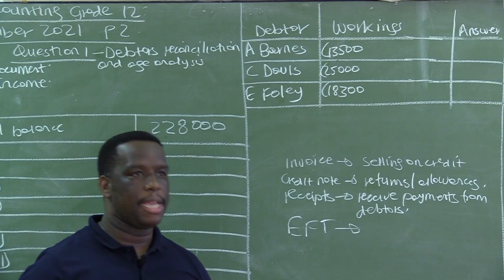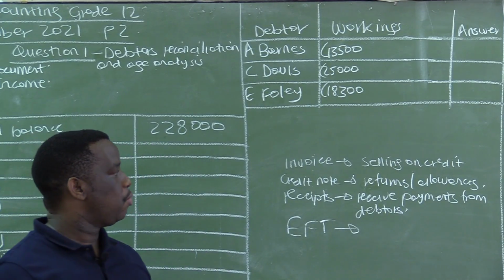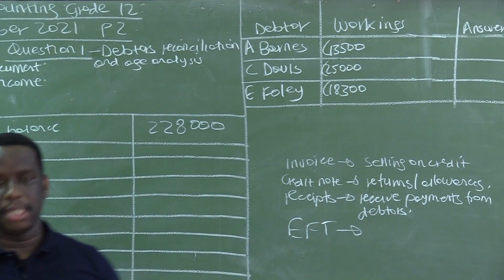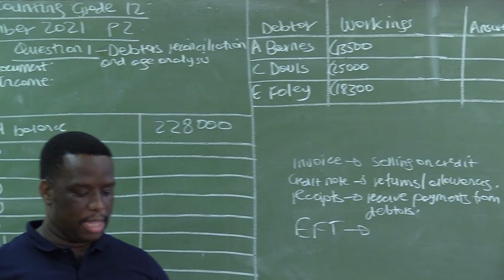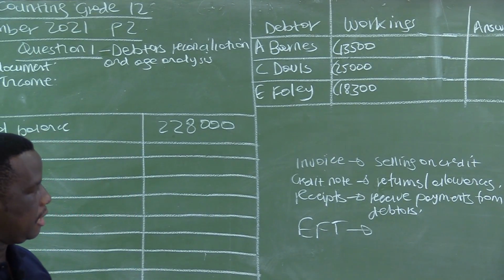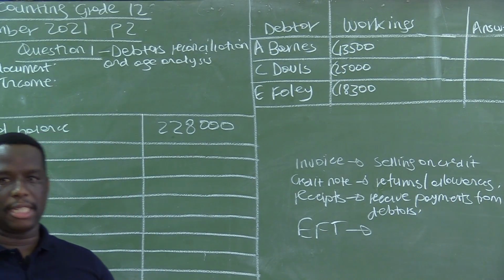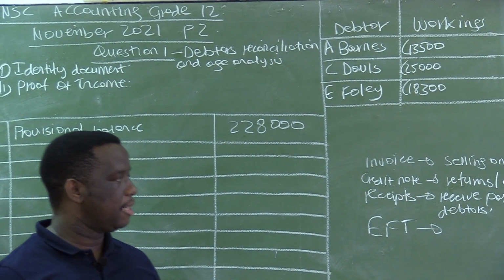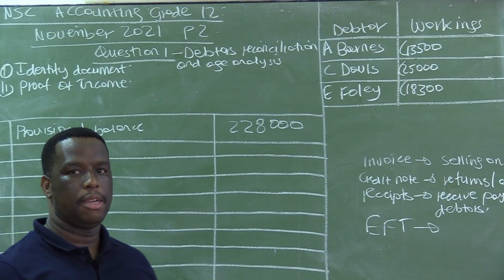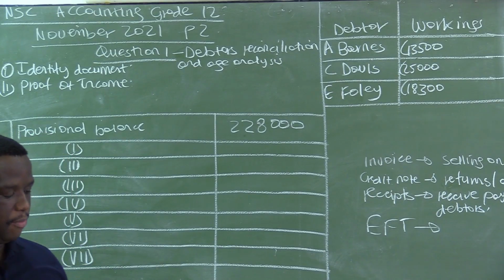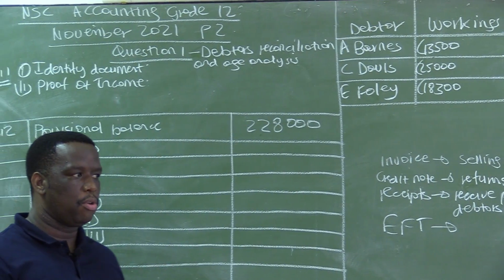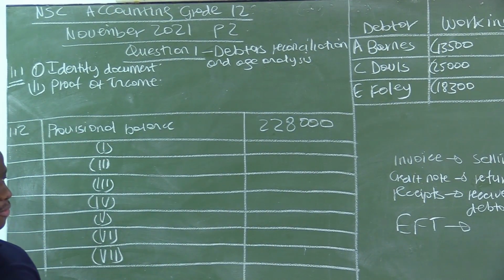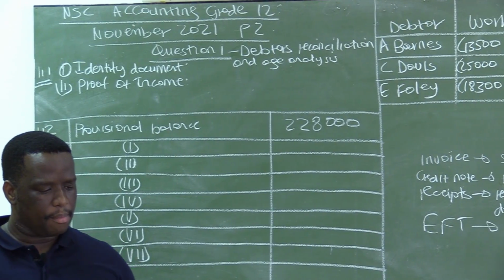When debtors pay us through EFT, we issue them with a receipt. In previous years we used to talk of cheques, but now cheques are no longer in existence, so we talk of EFT. You can transfer using your cell phone or your laptop.